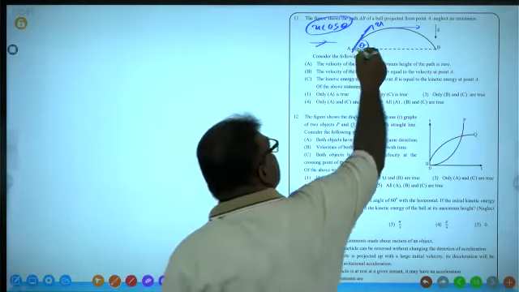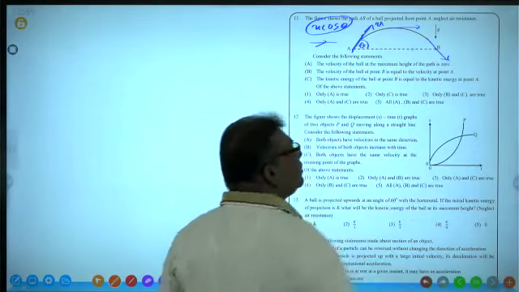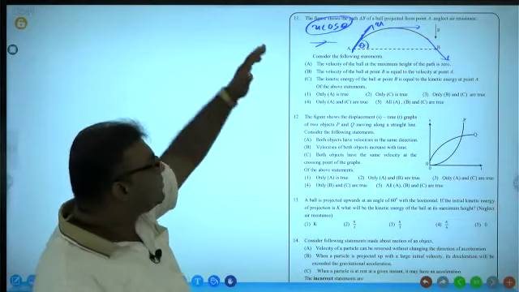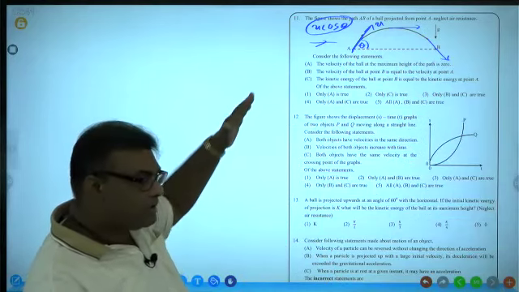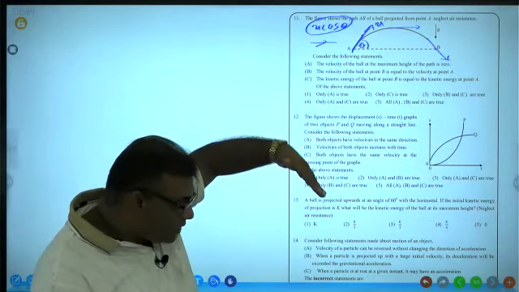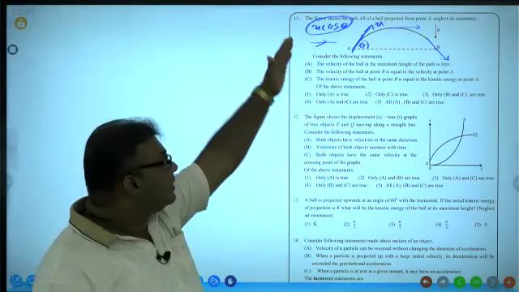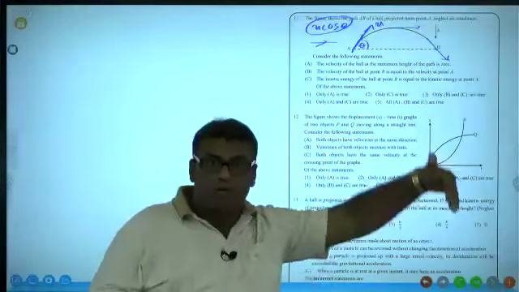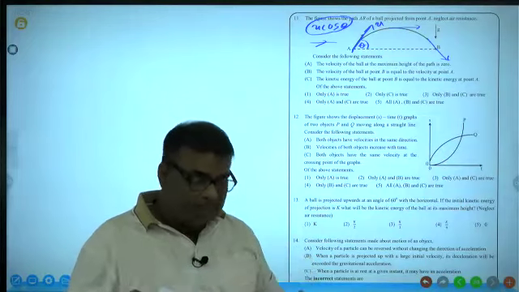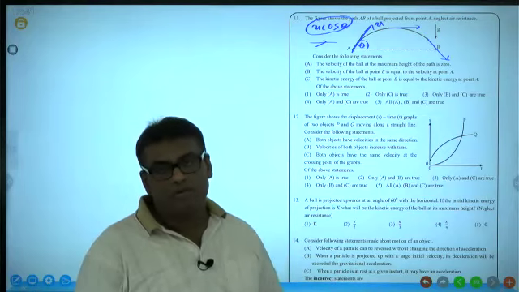Velocity of A and velocity of B: they are equal in magnitude, but the direction changes. While it is projecting upward, velocity is directed up. When it is coming down, the velocity vector is directed downward. Then you can see initial velocity and final velocity both have the same magnitude, but opposite direction.